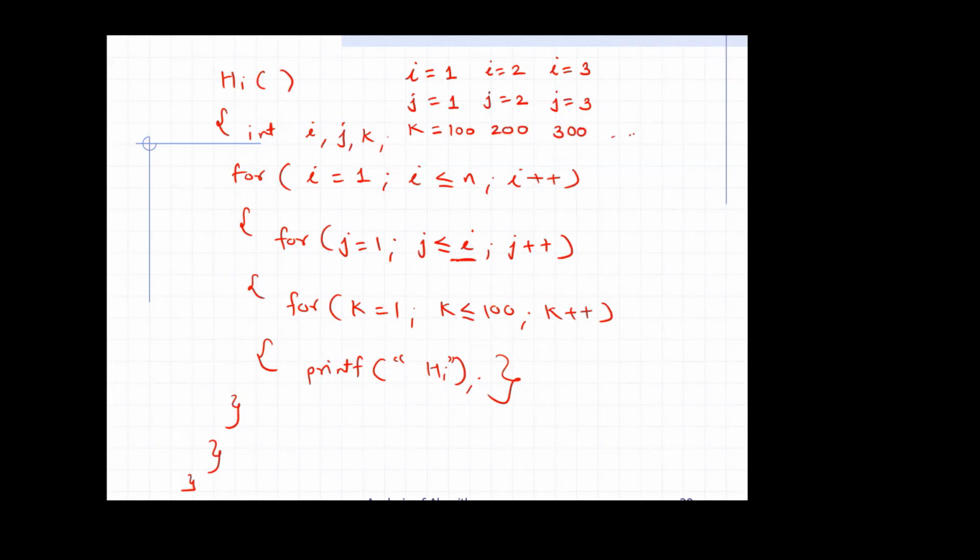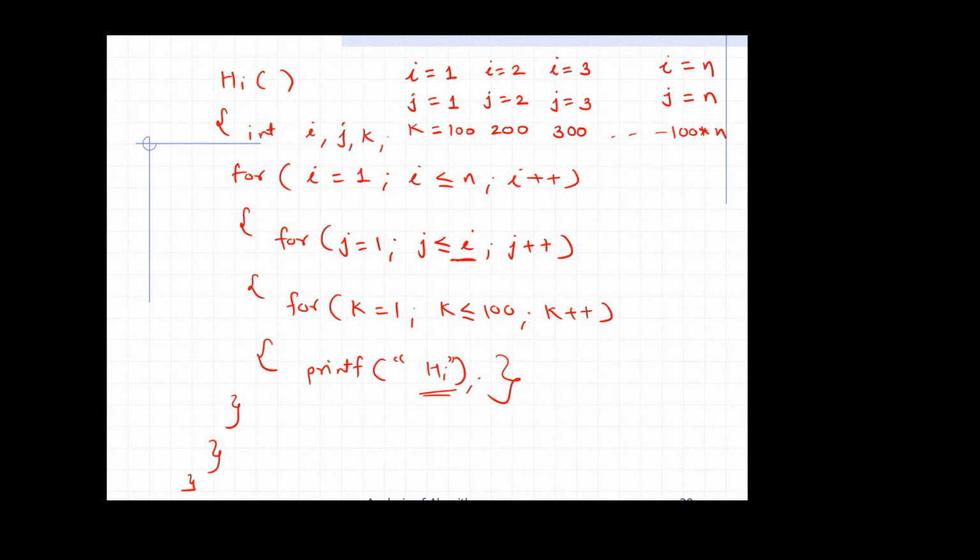Okay, so on and so forth. When i becomes n, what will be the value j will take? Whatever is the value of i, n. And how many times will hi be printed at that time? 100 multiplied by n, right?